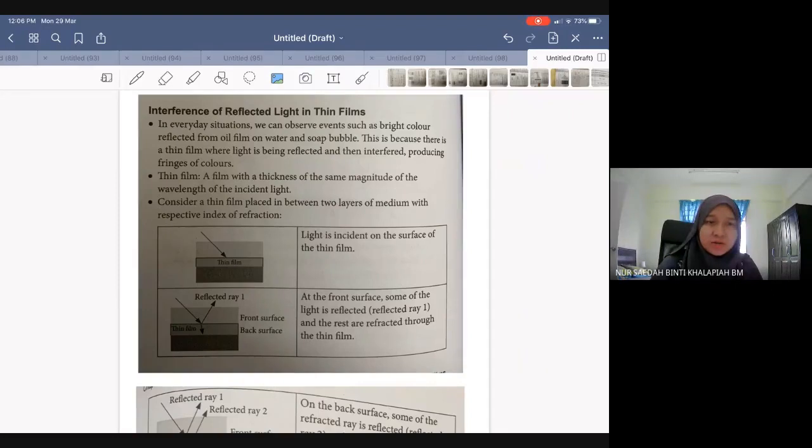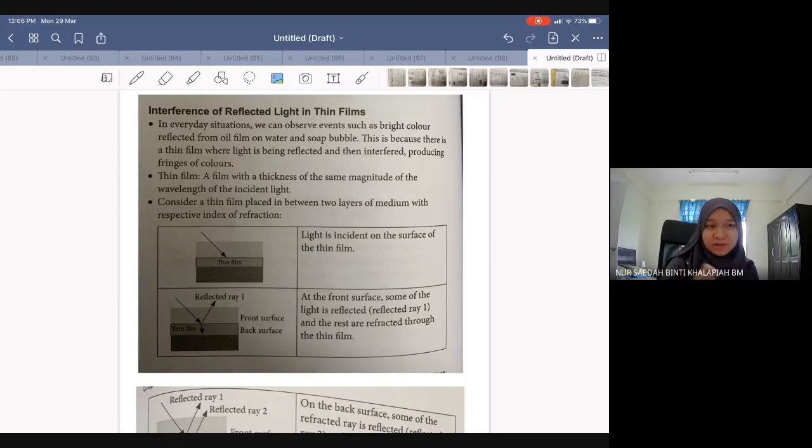Okay, so contohnya kalau kita ada air, okay, besen air, lepas tu kita letak minyak sedikit di on the top of the water, so kita akan nampak a shining ataupun bright colour of the surface of oil with water. Okay, ataupun dari soap bubble kalau kita main dekat Pantai Morib kan selalunya ada.